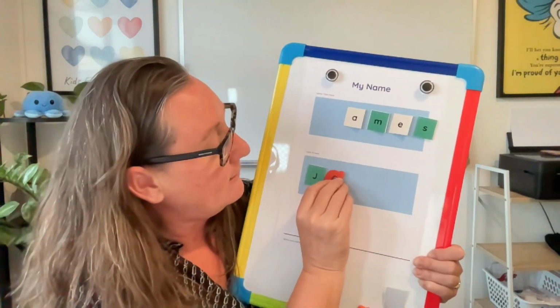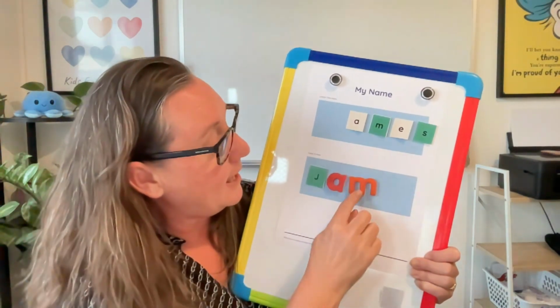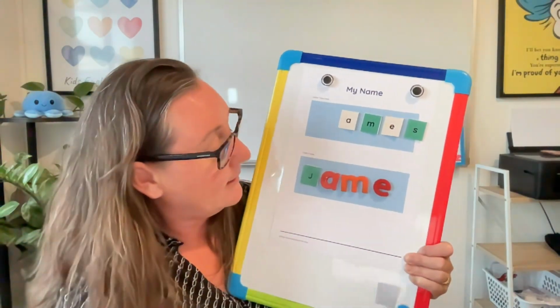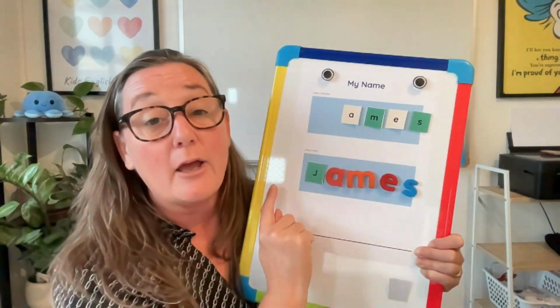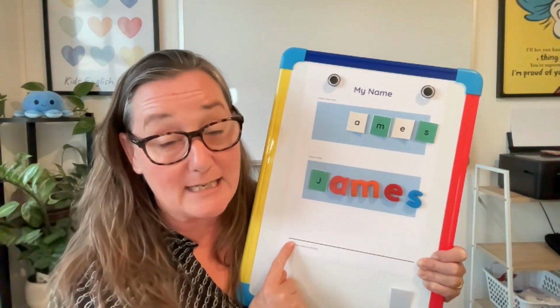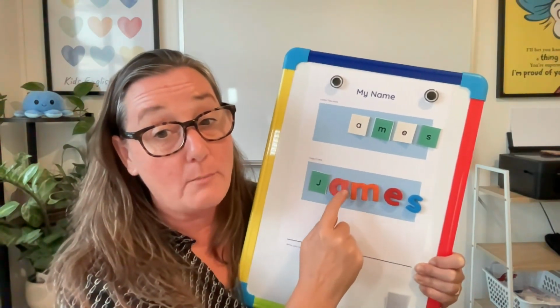So J, A, M, E, S. Okay, build it, copy it, and then if they're ready, they can write it, okay? Or they can finger trace over the top as well.